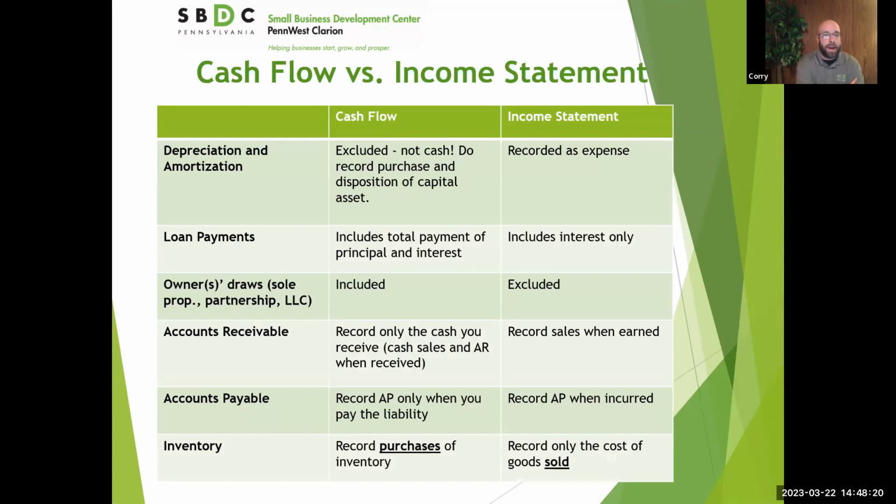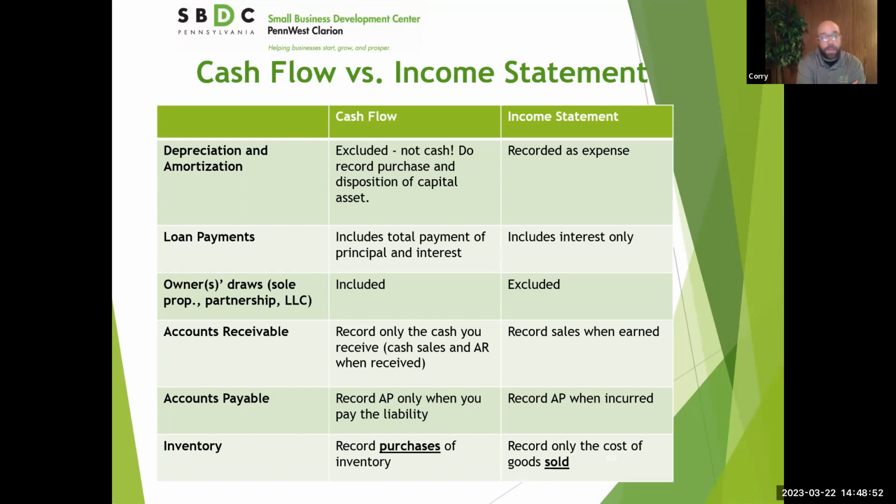So let's compare a cash flow statement and an income statement. And let's assume that we're operating under accrual-based accounting, and to a point also the modified cash-based accounting. So depreciation and amortization, you have assets is what this is telling me. You own some assets. The cash flow statement, it doesn't show up on there because no cash moves each year that you have depreciation.